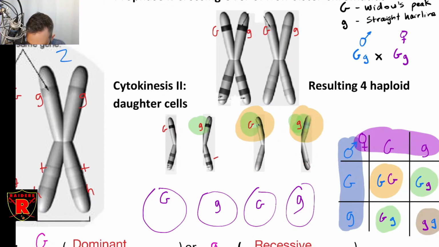In the non-hybrid version of this course, we look at inheriting multiple traits at a time. There's some different math you can do if, for example, instead of asking what the chances are that your child will have brown eyes, we look at the chances that your child will have brown eyes and brown hair, or brown eyes and widow's peak.